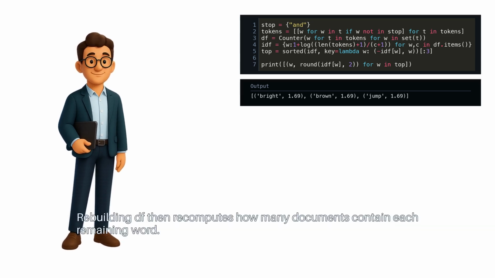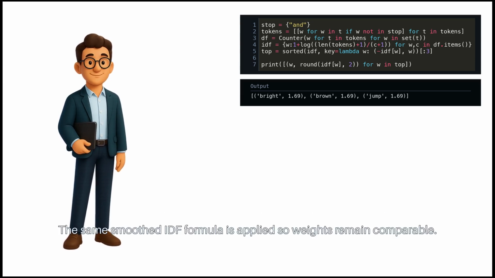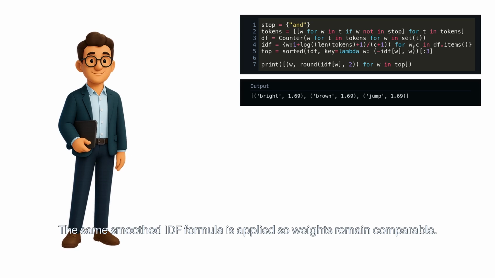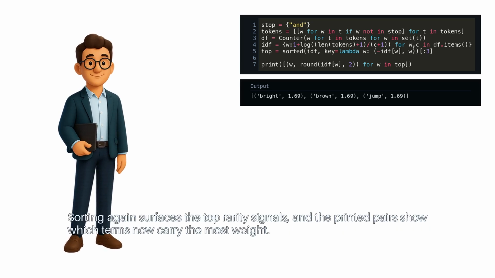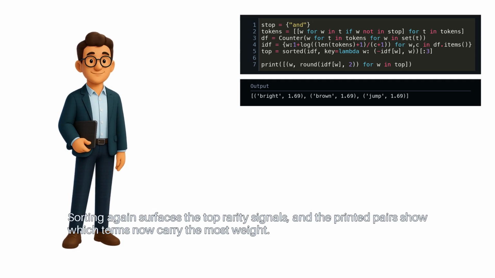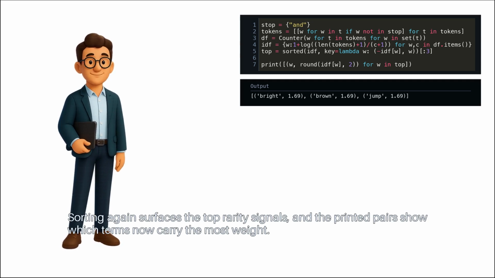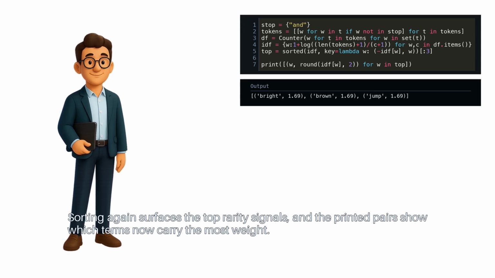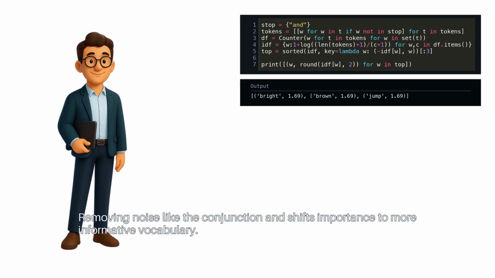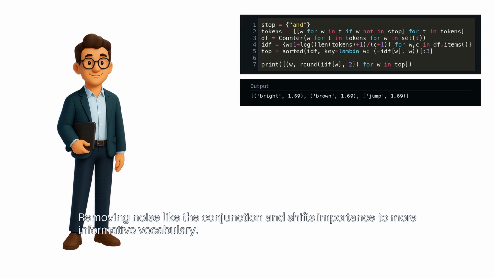Rebuilding DF then recomputes how many documents contain each remaining word. The same smoothed IDF formula is applied so weights remain comparable. Sorting again surfaces the top rarity signals, and the printed pairs show which terms now carry the most weight. Removing noise, like the conjunction, shifts importance to more informative vocabulary.